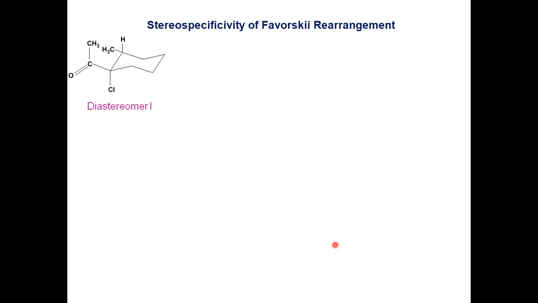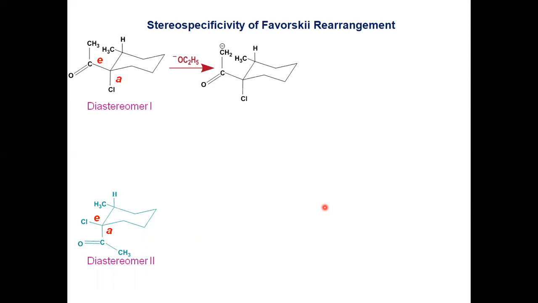In diastereoisomer 1, the chlorine atom is present in the axial position, whereas in diastereoisomer 2, the chlorine atom is present in the equatorial position. Since the Favorskii rearrangement involves intramolecular SN2 displacement, which proceeds through inversion, in diastereoisomer 1, when the base abstracts an alpha proton, it is converted into a carbanion.